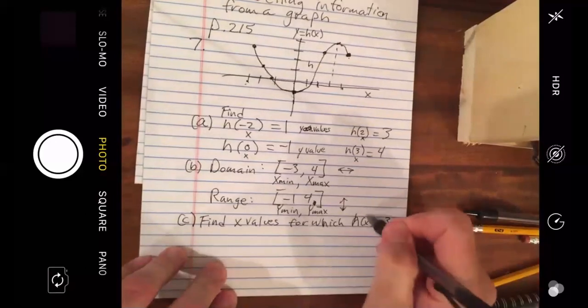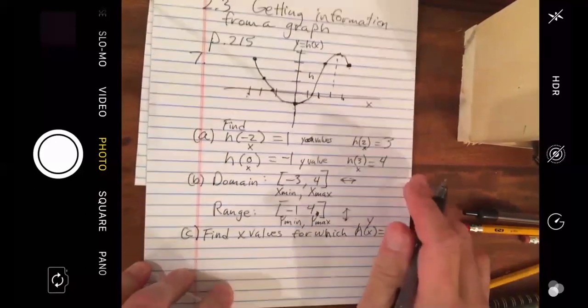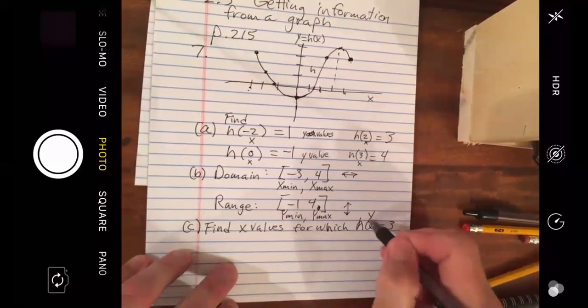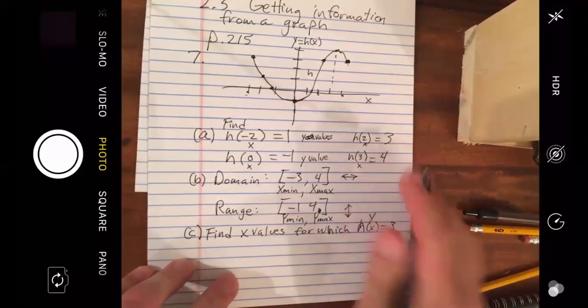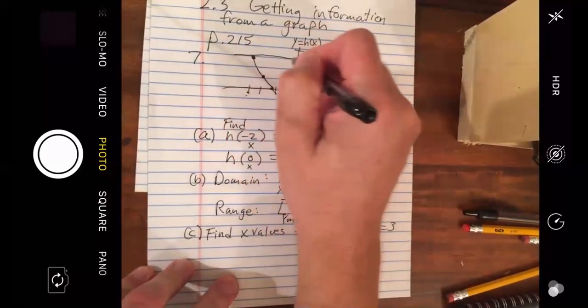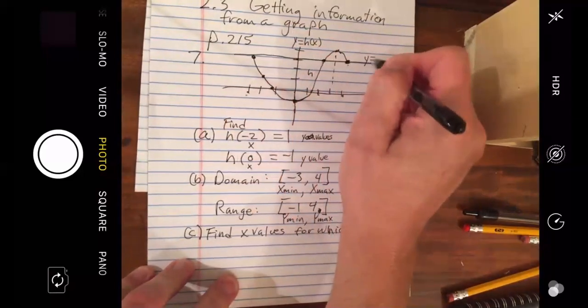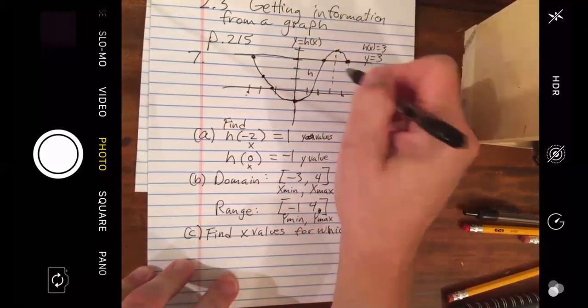Right, now h of x is a y. And I think we mentioned at the very first of the semester that y equals 3 are horizontal lines. So it's a matter of finding y equals 3, and you got a horizontal line there. That's y equals 3, or they're using function h of x equals 3. Is this a horizontal line?